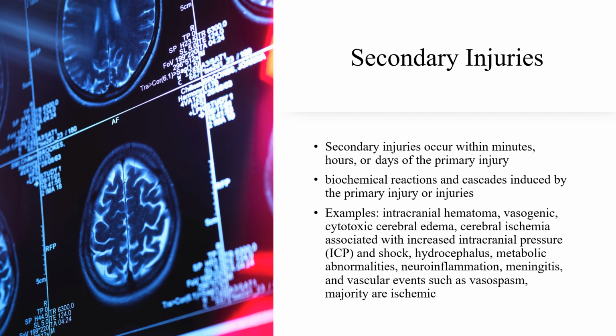But the bottom line is a lot of the secondary injuries are related to the edema that's caused from the primary event, and the edema causes an increase in ICP, and it causes inflammation of the tissue as well as brain tissue ischemia, and that's what the big problem is.